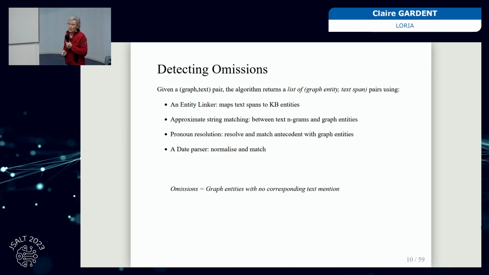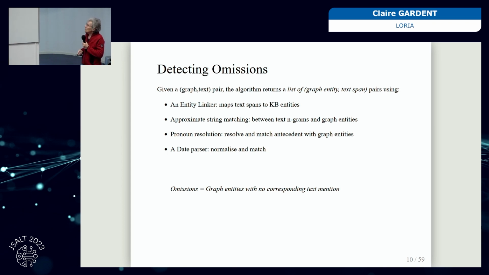And we basically combine different existing methods to find out whether an input entity has a corresponding mention in the generated text. So we use an entity linker. An entity linker, given a text, will find in that text the text spans that denote a knowledge base entity. In our case, the knowledge base is DBpedia. So we apply it to the text, and it will tell us which knowledge base entities are mentioned in that text.